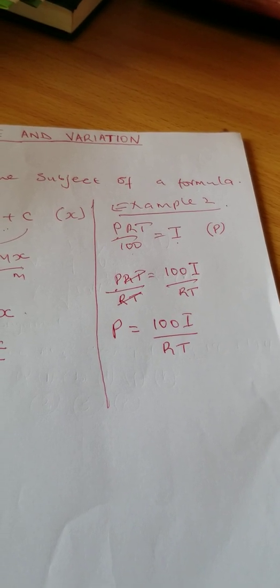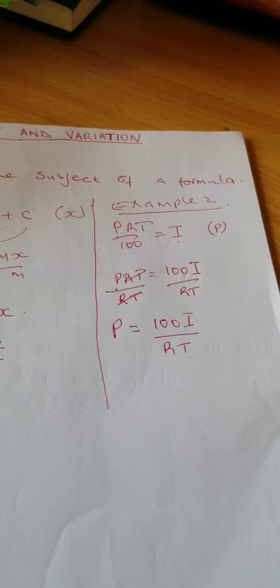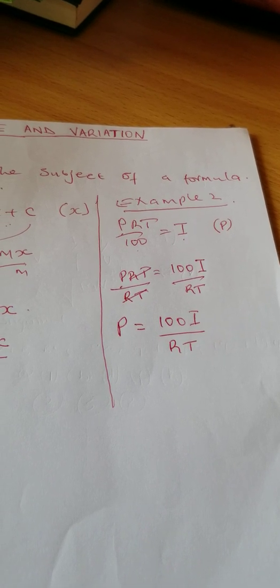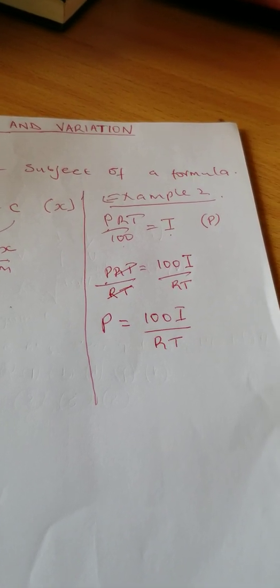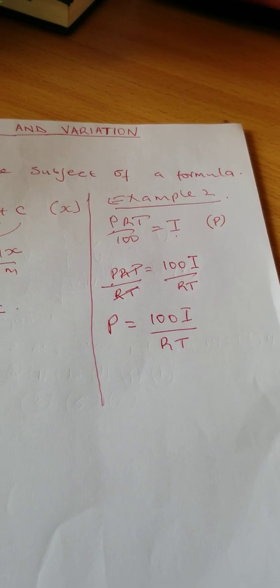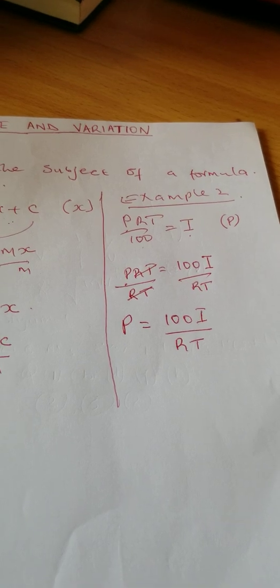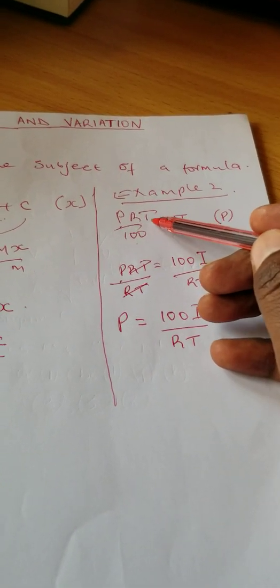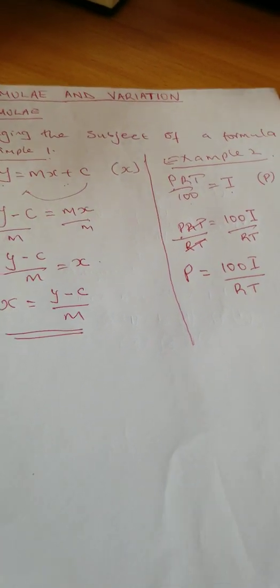So you're changing the subject depending on what you have been given. Like here, there was no addition or subtraction, so we just multiply and divide. And now you have P is equal to 100I over RT. We have made P the subject. You can also be asked to make R the subject, or even T the subject.